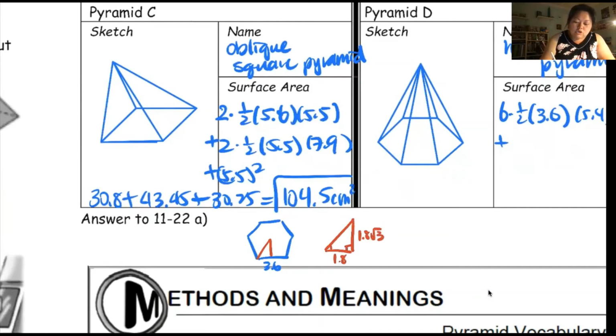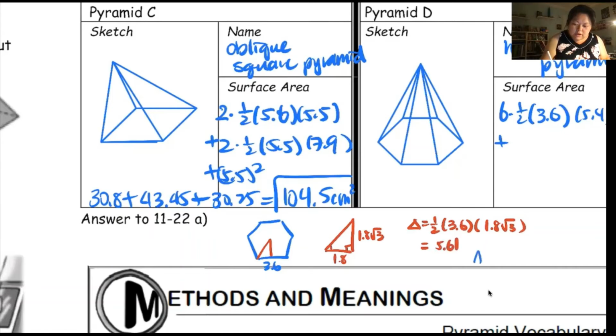So this triangle is 1/2 base times height. Okay, so that's a lot of things to multiply out. So let's see. I got my root 3 times 1.8 times 3.6 times 1/2. So each triangle is 5.61, right? And this is a hexagon, so there's 6 of them.